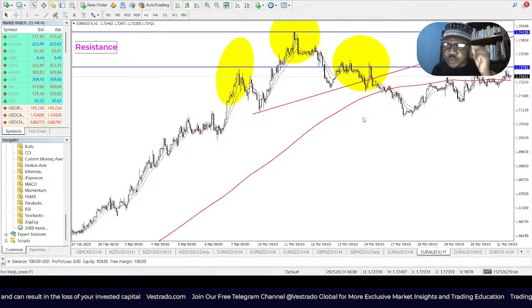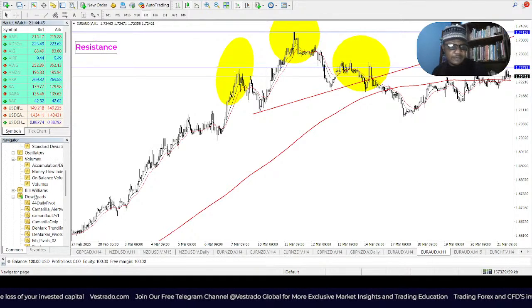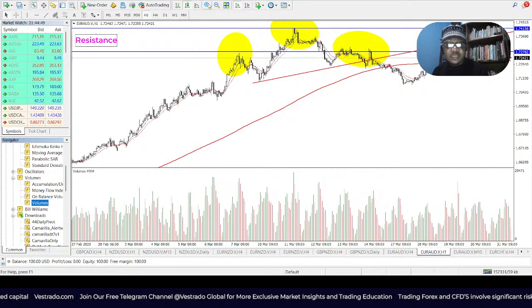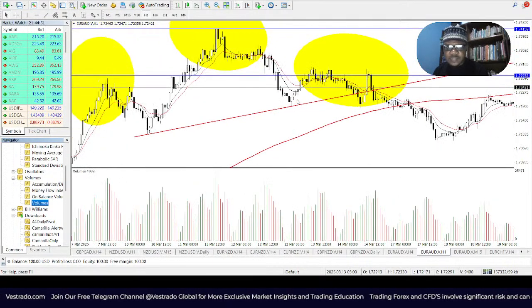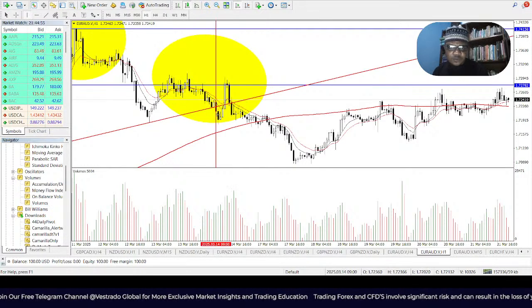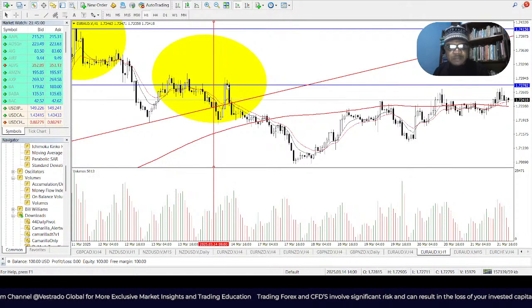Now, volumes. Which volume did we get? Zone of volume. Now, that's the next step. Volume analysis indicator. What do we have? If I zoom in, at the place of the breakout, right here, where the red line is, it went back up to retest our neck level and then came back down again.